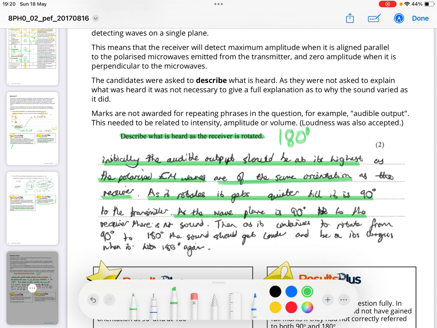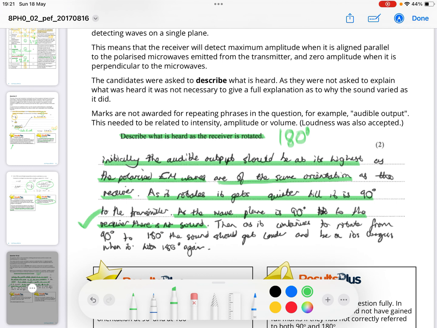Okay, the wave plane of the polarized waves, he means, or she means. So as the wave plane is 90 degrees to the receiver, there is no sound. Well, that's correct. Okay, the answer is correct.